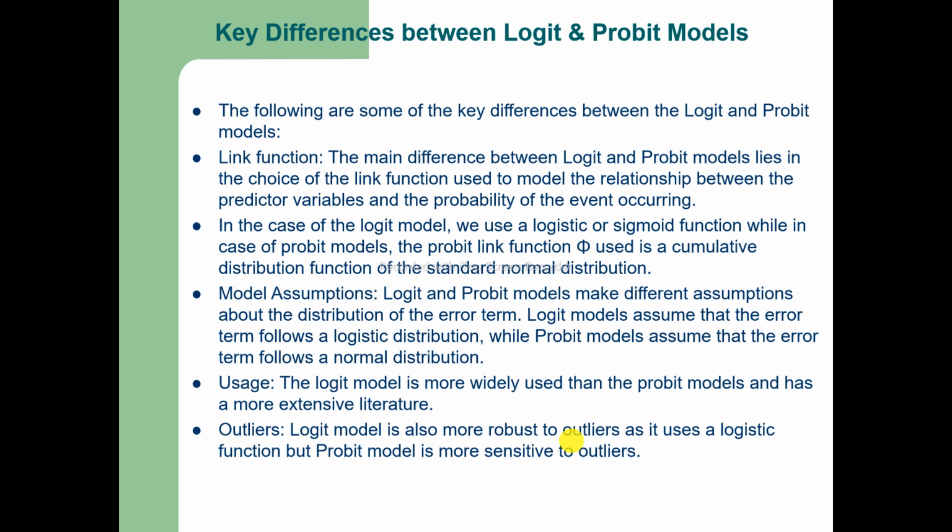However, this doesn't mean that we may not use Probit model. We may use both of them, and some people use both of them and then they compare the results. But in the literature, you will see that Logit model is most widely used as compared to Probit model on the basis of its sensitivity to the outliers and the basis of its usage by the researchers.